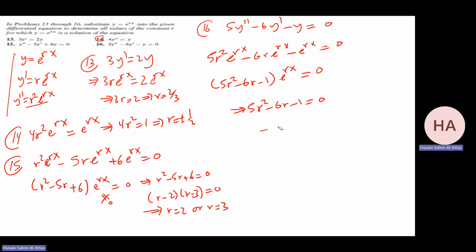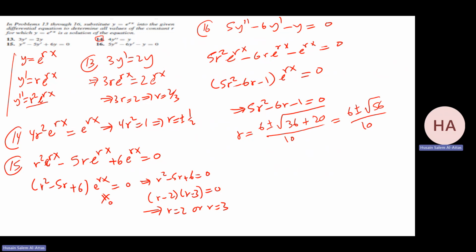So I can use the formula. r will be what? Minus b, which is 6, plus or minus square root of b squared, 36, minus 4ac, which is minus 4ac, plus 20, over 10. So that will be 6 plus or minus square root 56 over 10.